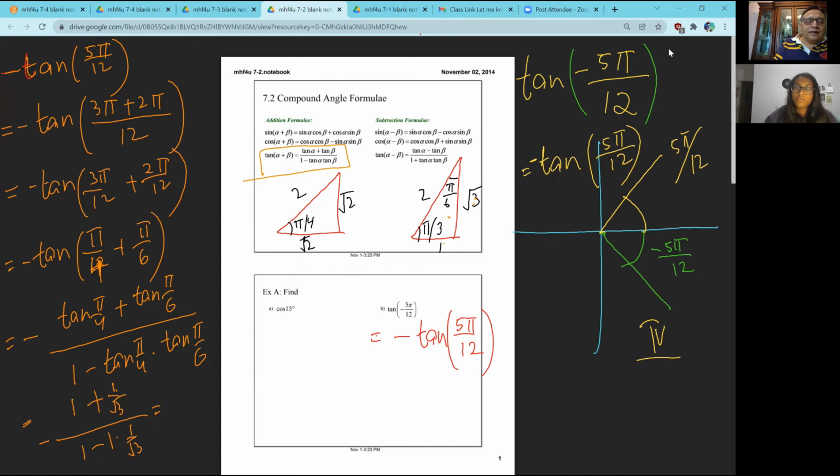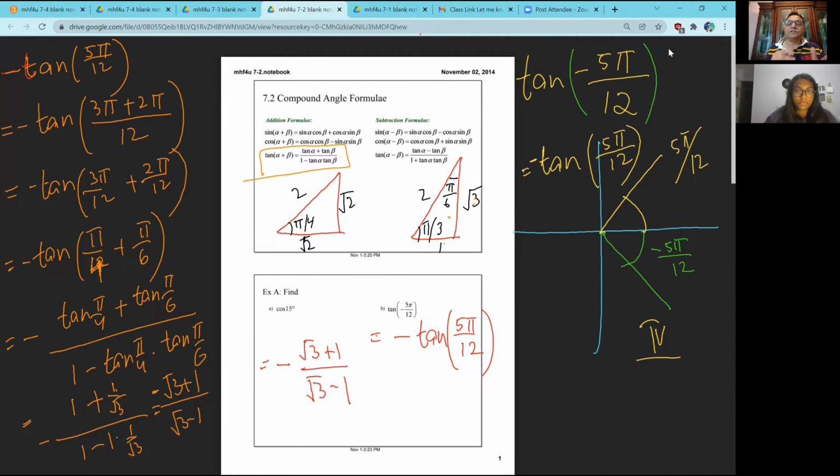So what do I get? I get square root 3 plus 1 over square root 3 minus 1, and the minus is outside. You see this minus outside, correct? So for the tan function, I get my result as equal to minus of square root 3 plus 1 over square root 3 minus 1. So that is my answer.